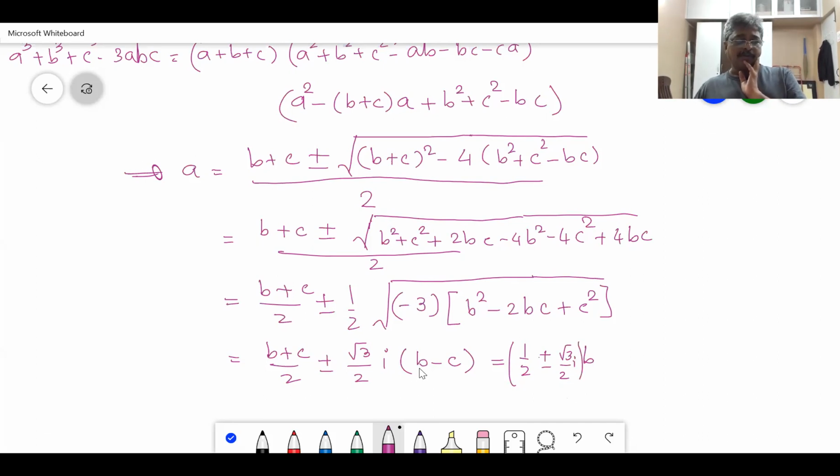That is the coefficient of b. And what is the coefficient of c? Plus half plus or minus, right? Minus or plus, because it is minus c, half minus or plus root 3 by 2 times i, c.